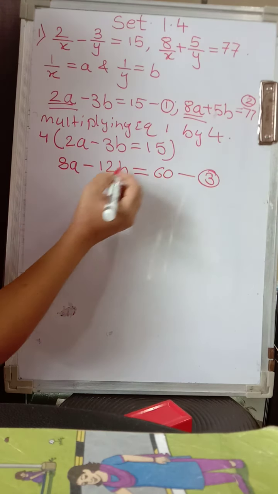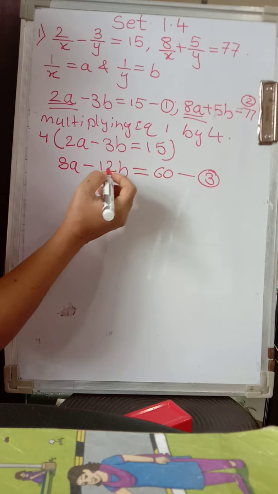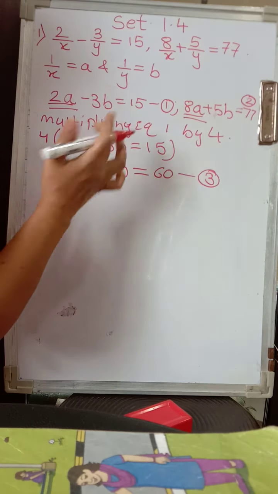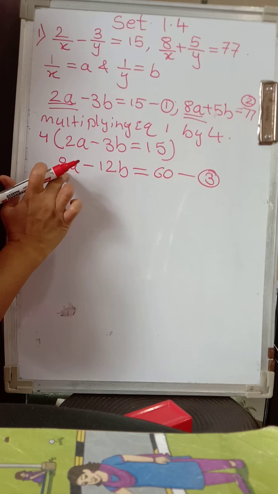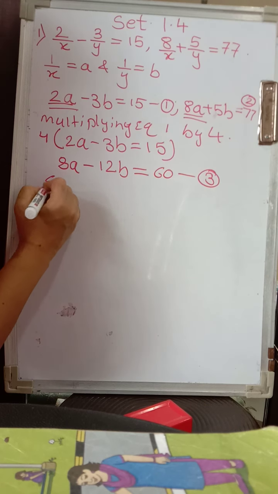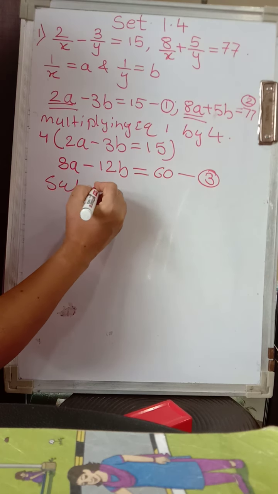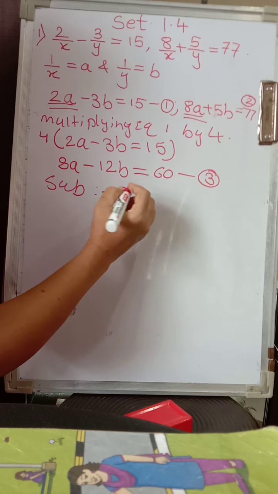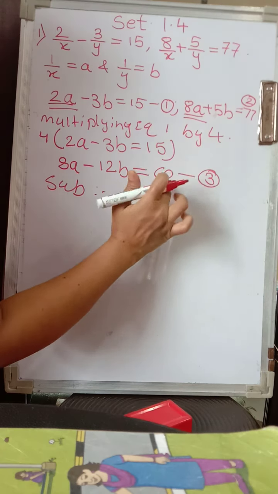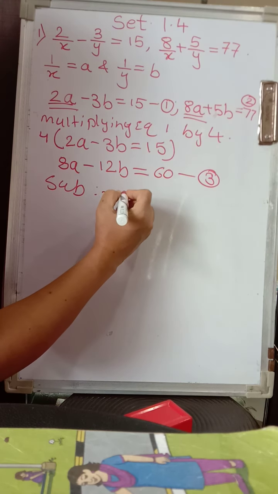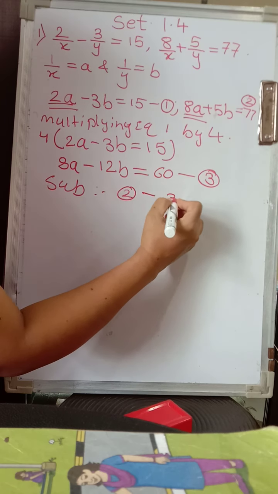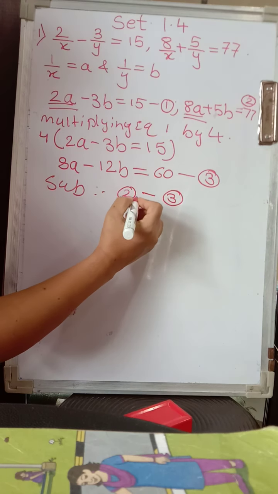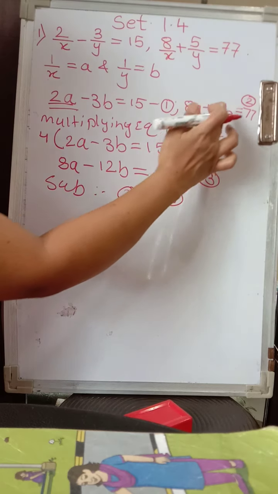Now look at this equation and look at this equation. If we subtract this equation from this, 8a will get cancelled because 8 and 8 have the same sign. What subtraction are we going to do? 77 is big, 60 is small. So we are going to do equation 2 minus equation 3. What is the second equation?